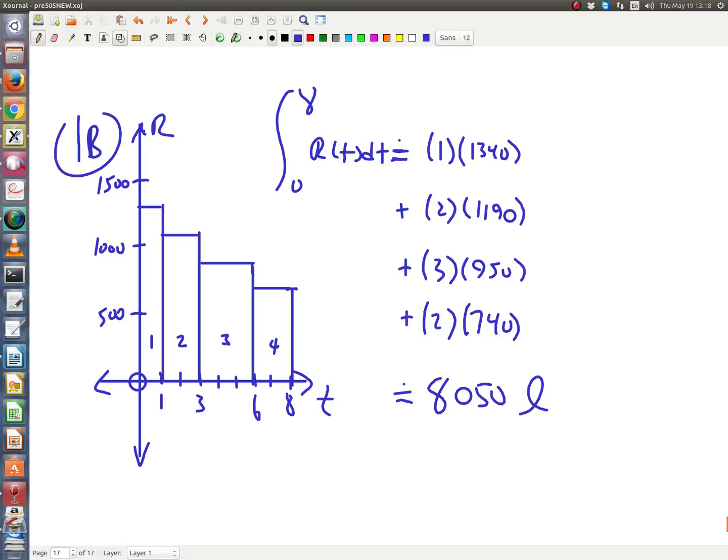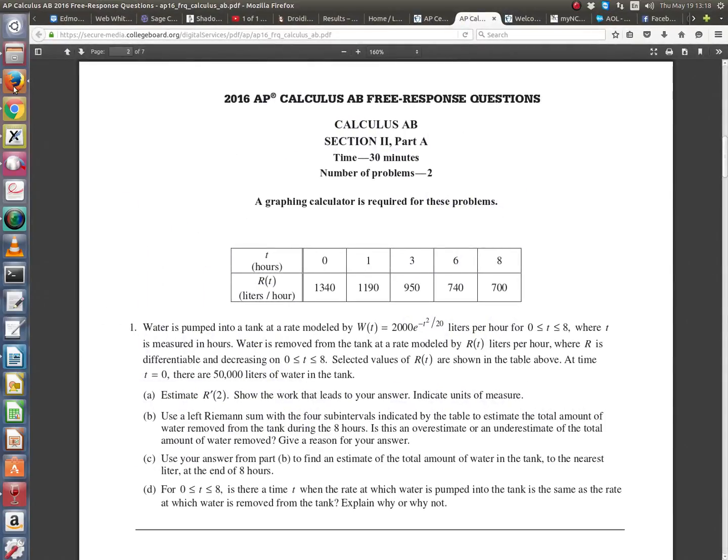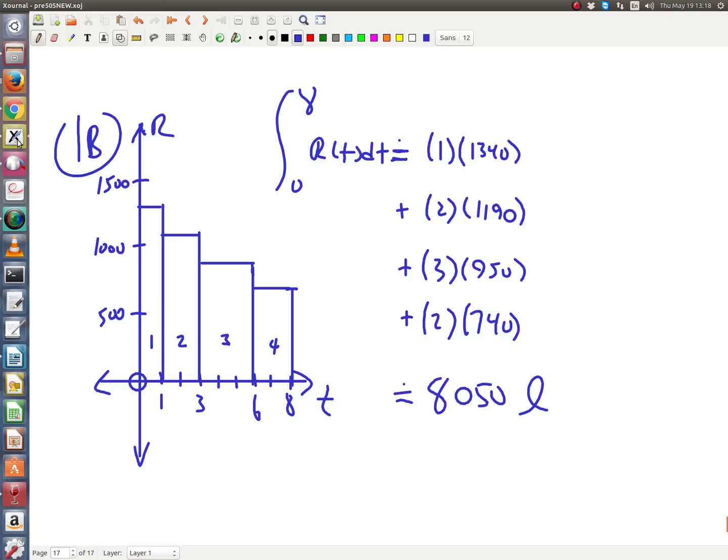Now, is that an overestimate or underestimate? Well, it says our selected values of R of t are shown in the table, at time t equals 0 there's 50,000 liters of water in the tank, where R is differentiable and decreasing. Aha. So if you have a decreasing function, the left sum is going to be an overestimate. Yes, it is.